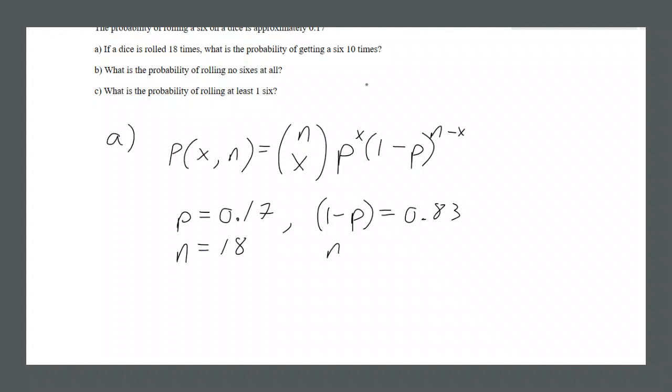That's just 1 minus 0.17. And n minus x, well, that's going to be the number of times we fail. So x is the number of successes, which for part A is 10. We want the probability of succeeding 10 times. So n minus x is 18 minus 10, which is 8. That's the number of times that we fail.